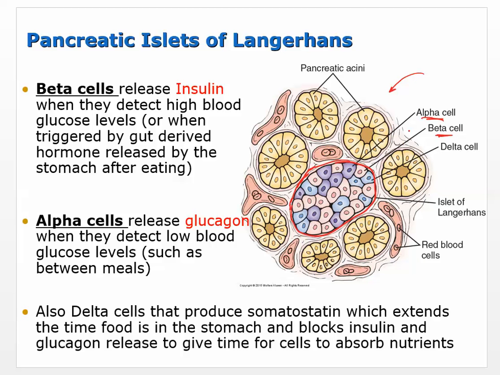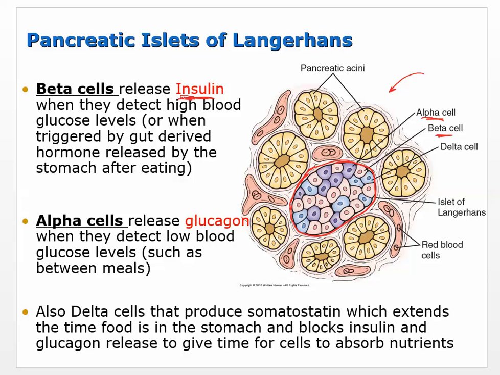The alpha cells are responsible, well, we'll go in the other order. The beta cells are responsible for the release of insulin. They can sense glucose. Essentially, they have little glucose transporters that allow a little bit of glucose in. The more glucose shows up in there, that will trigger the release of insulin.